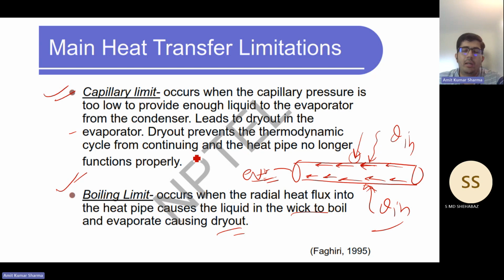If they are not reaching the evaporator end, then they are not able to absorb the heat from the main end, where we require the heat absorption. In this way, it will dry out. It is called dry out. There is no liquid available at the evaporator end to absorb the heat from this end, so the heat pipe will fail. So we also have to check the boiling limit.